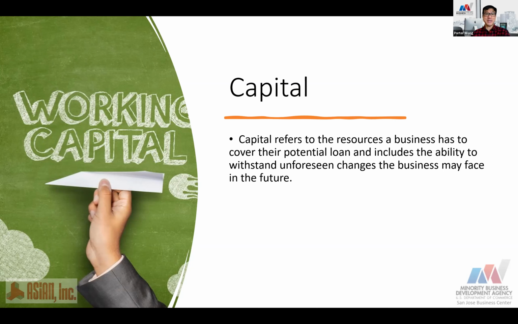Or maybe you have your own investment account, you can dip into your personal investment account to repay the loan. So it basically helps the bank de-risk the loan when they decide to loan you money. So that's capital.